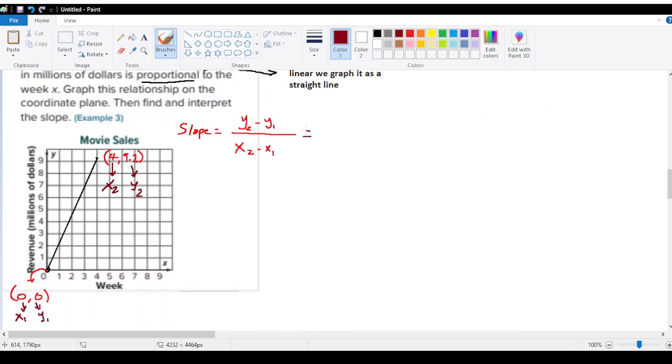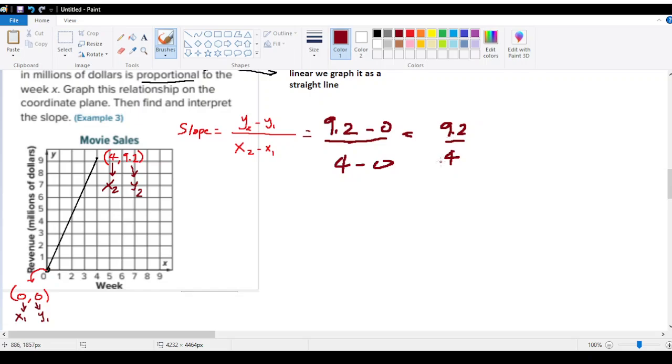What's the y2 here? y2 is 9.2 minus 0. Then 4 minus 0. So it gives us 9.2 over 4.